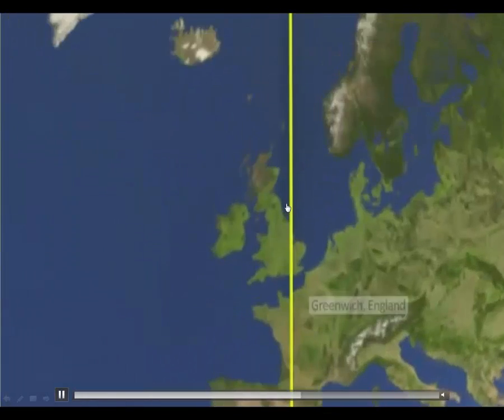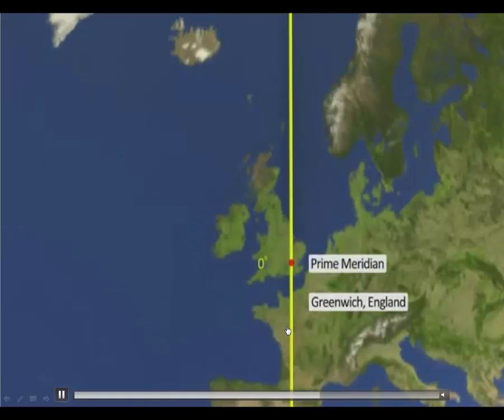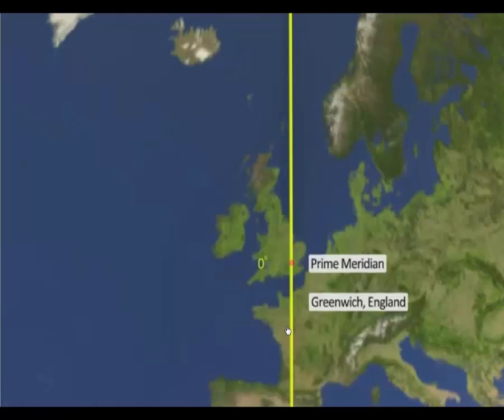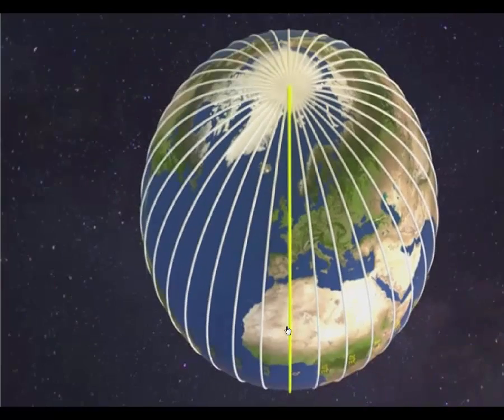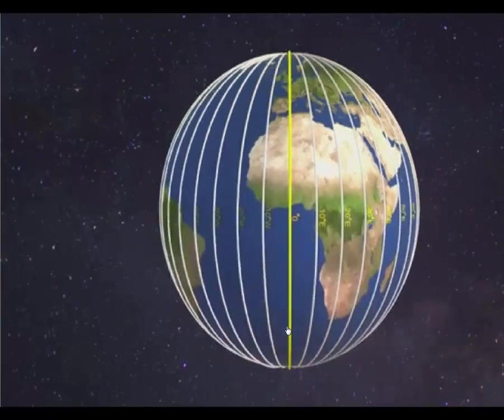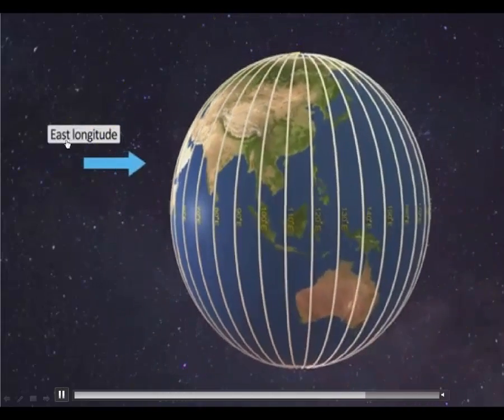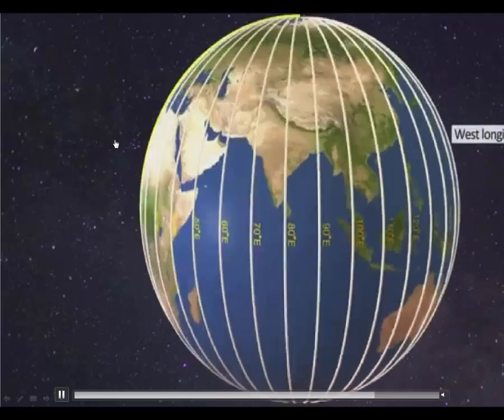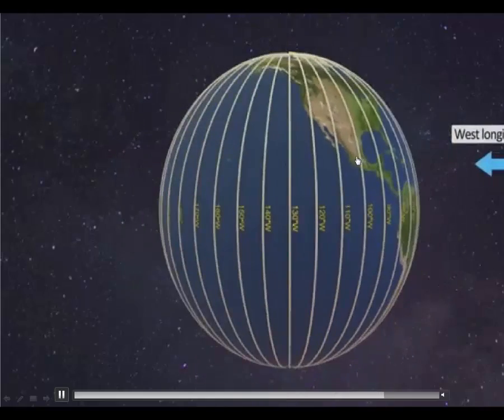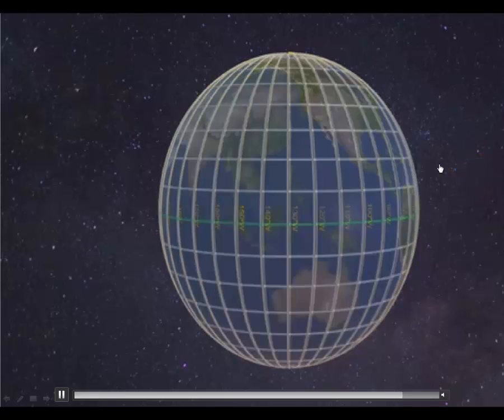See here, this is the 0 degree longitude. It is called the prime meridian, and it passes through Greenwich in England. One half of the world is measured in 180 degrees of east longitude, and the other half lies in west longitude.